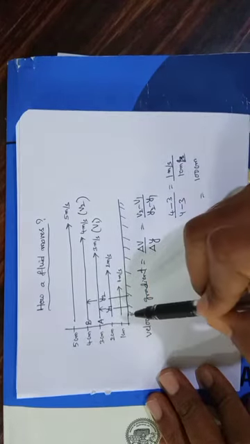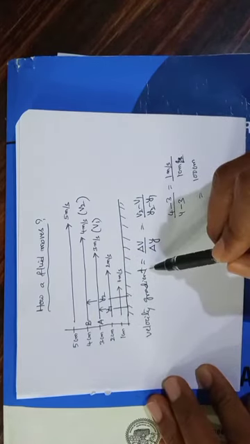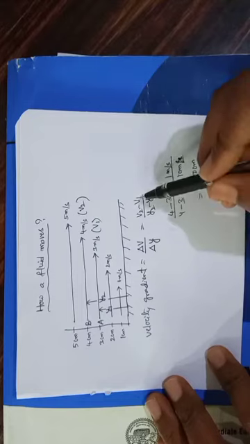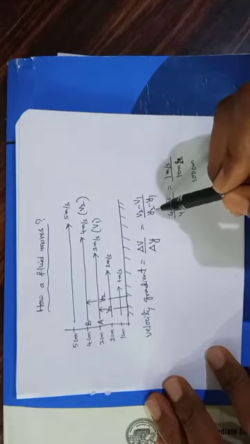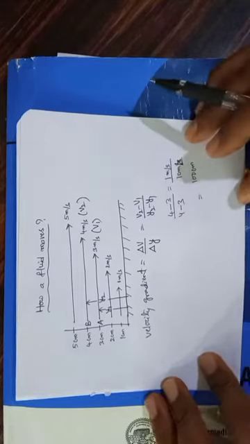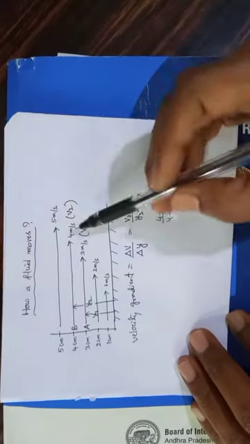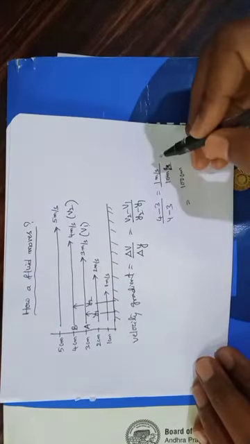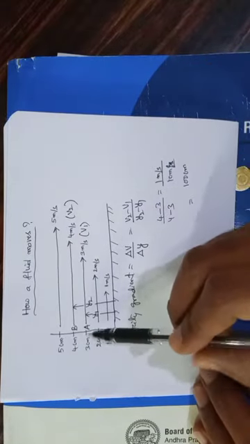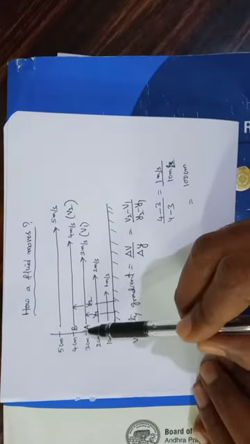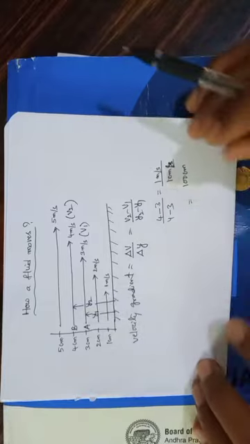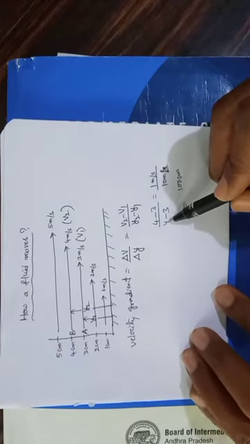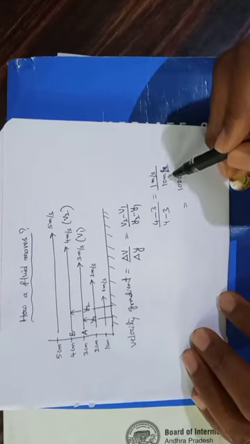Now shall we calculate the velocity gradient? Velocity gradient is equal to (v2 minus v1) by (y2 minus y1). Here 4 minus 3 means 1 meter per second, and for height, 4 minus 3 means 1 centimeter.